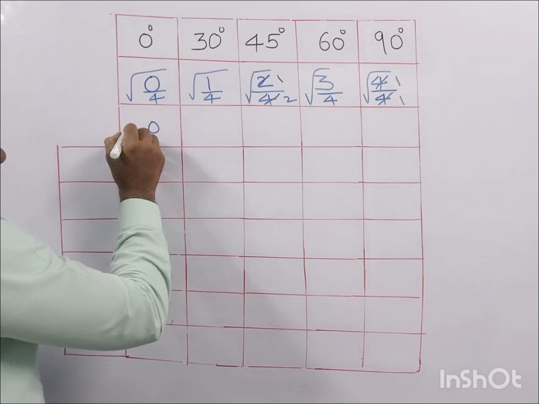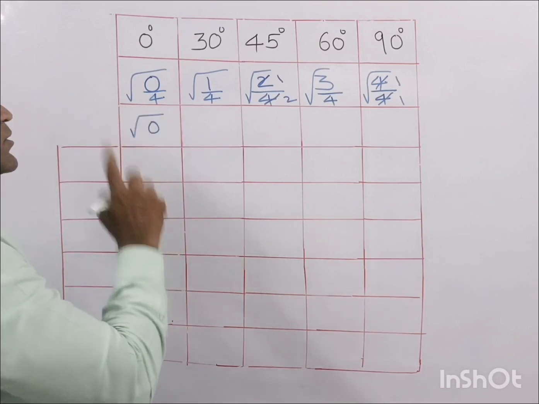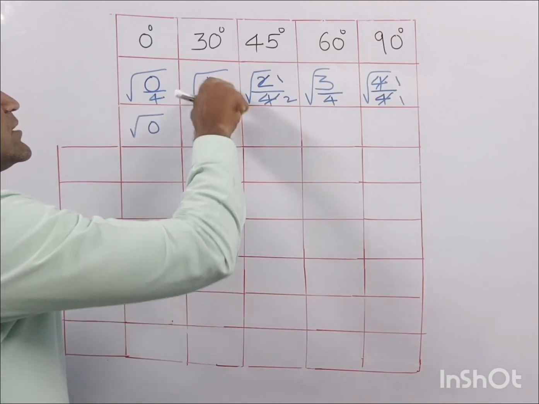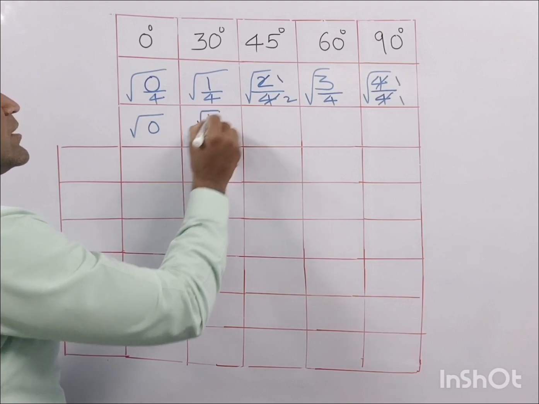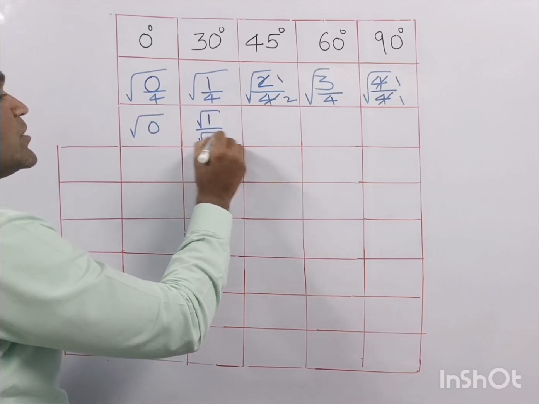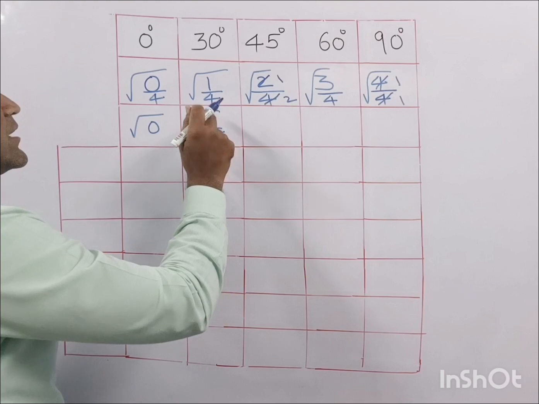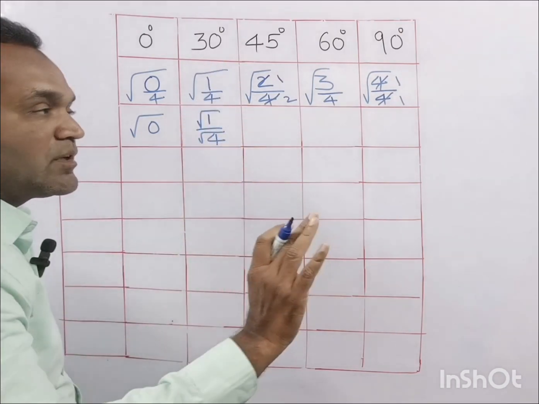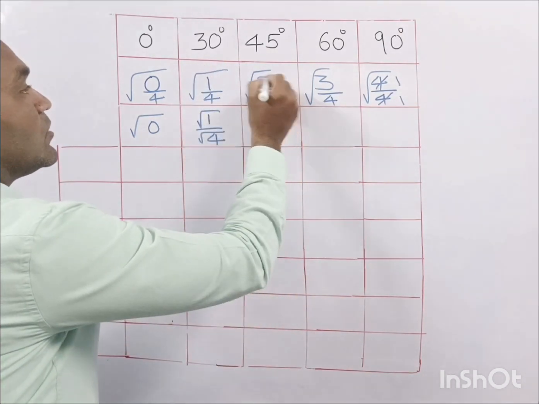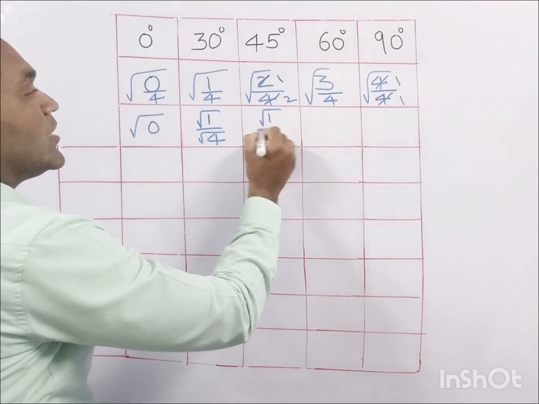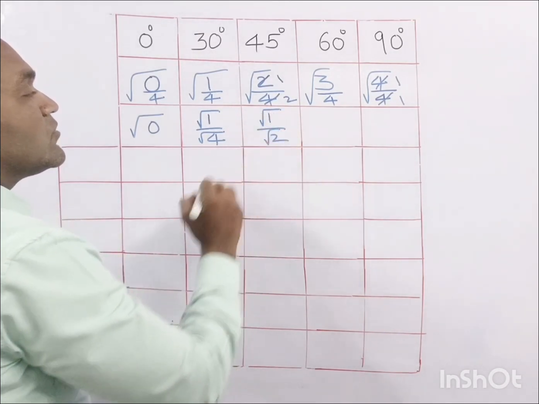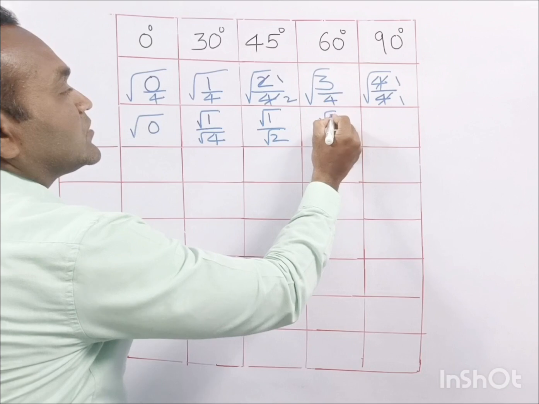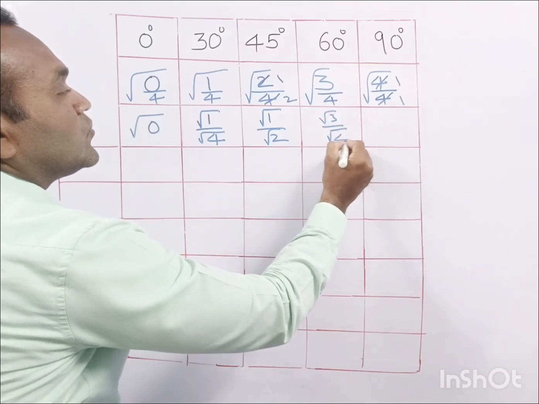Next, separate this square root: square root of 1 and square root of 4, meaning we are separating the numerator and the denominator by square root. Now next is square root of 1 upon square root of 2, then square root of 3 upon square root of 4.